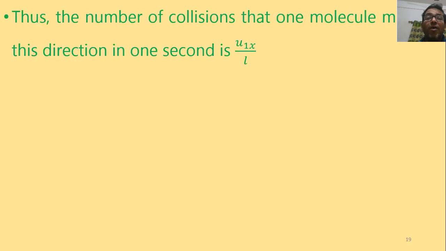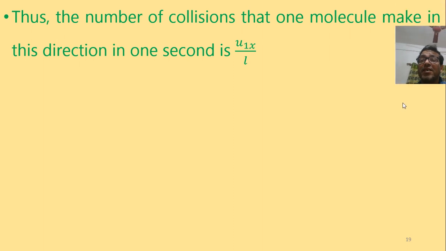Okay, so now what is the number of collisions here? You can see that the number of collisions that one molecule makes in a particular direction in 1 second is u1x by L. Why u1x? u1x means the x dimension, and u1 is the particular gas molecule number one.